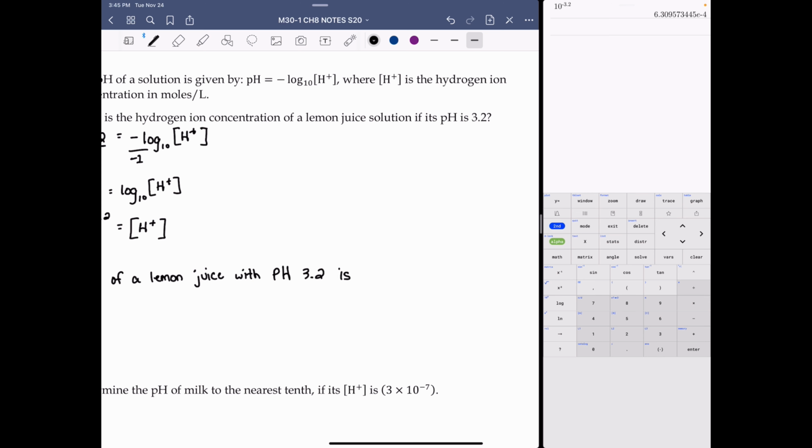That means 6.3 times 10 to the power of negative 4. And that was in moles per liter.